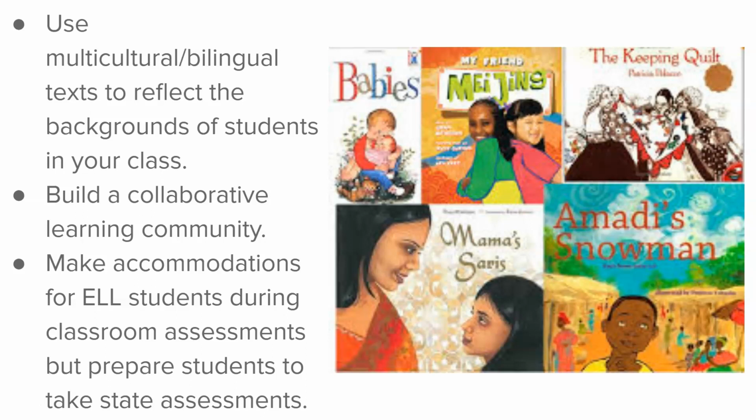And then it's also important that students learn about different cultures and that they learn to see each other's cultures as valuable. And they need to get the experience with other cultures.